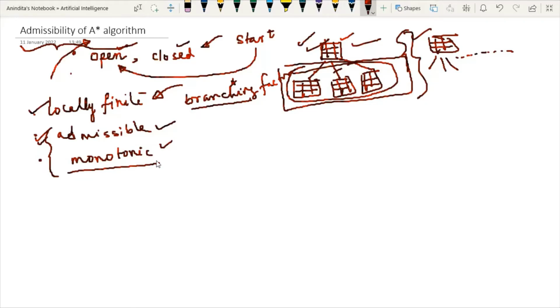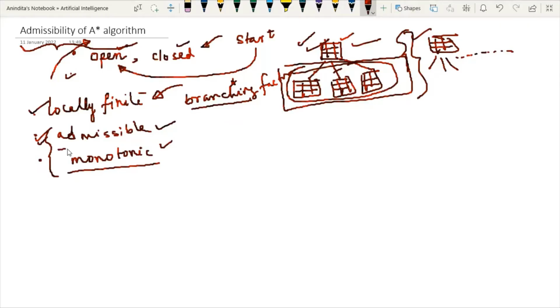So these two terms are very important, right? What we have already discussed in the previous class is that A star can be expected to be complete. A complete algorithm means that it finds a solution, and the A star algorithm is also optimal. Optimal means it finds the solution with the lowest path cost, right?